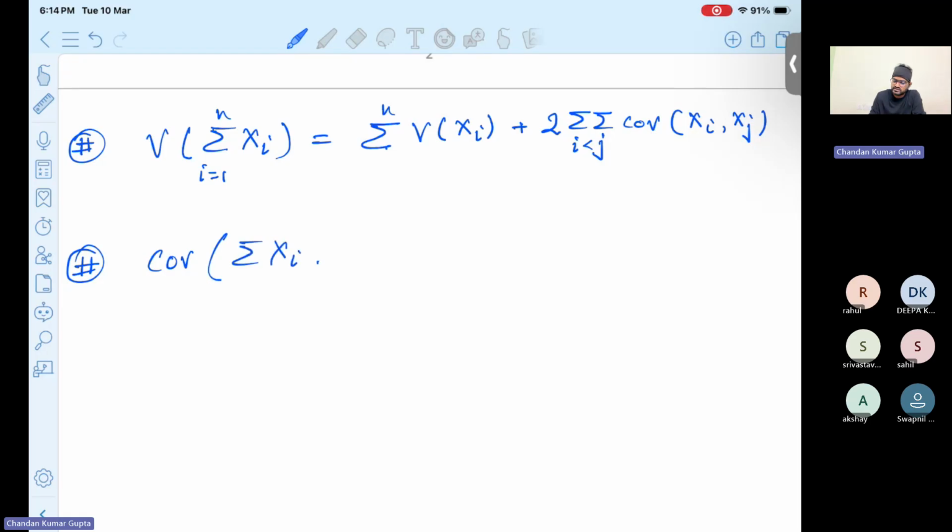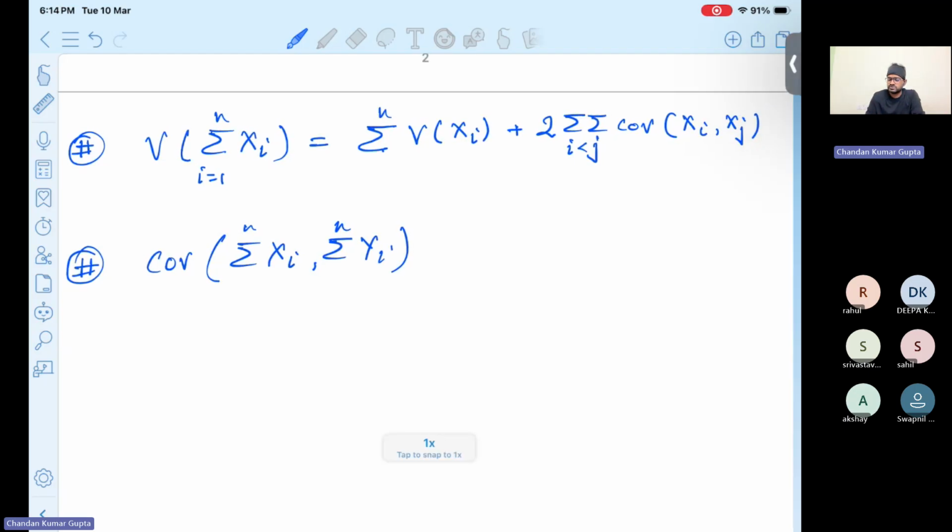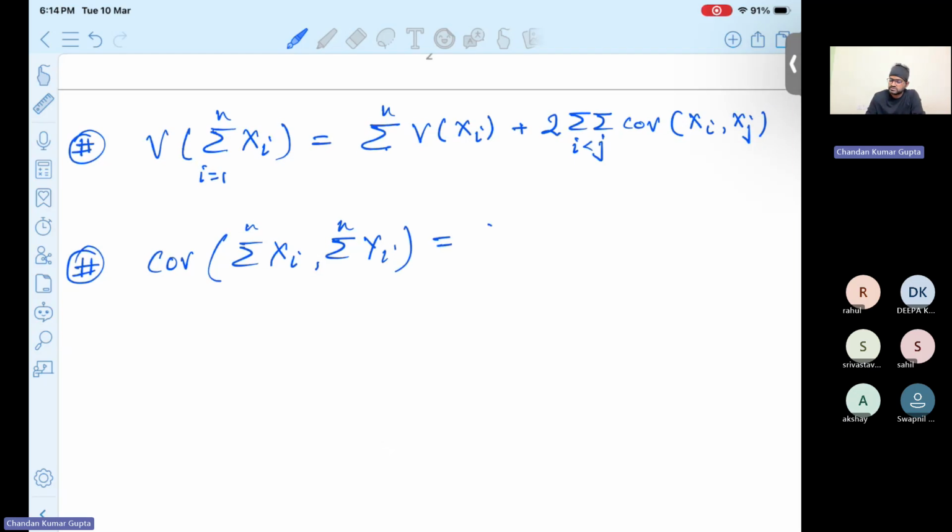The similar kind of formula holds for covariance. Covariance of summation of Xi and summation of Yj is very simple: it is the double summation over i and j, with m and n terms, of the covariance of Xi and Yj. Okay, so these are some of the formulas.